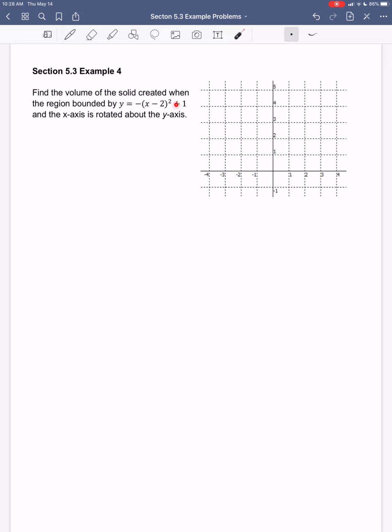So I'm going to have a negative number plus 1, that's going to be less than 1. So the maximum of this function is going to occur when x is 2, and then I'm going to get a value of y, which is 1. That's the vertex. So the vertex is at (2, 1).